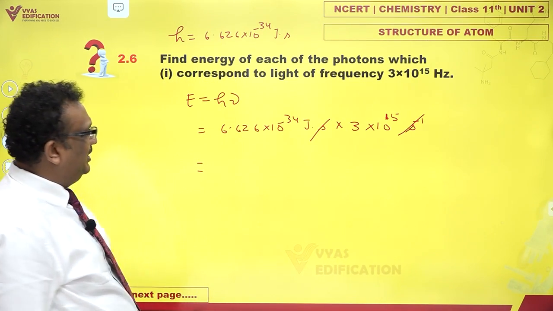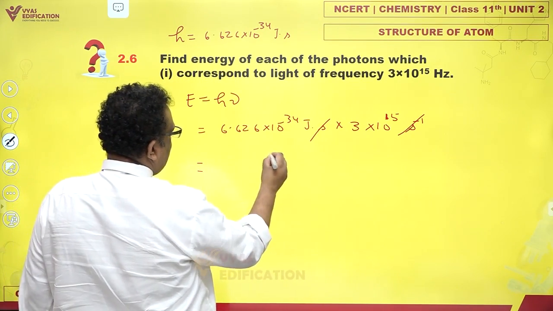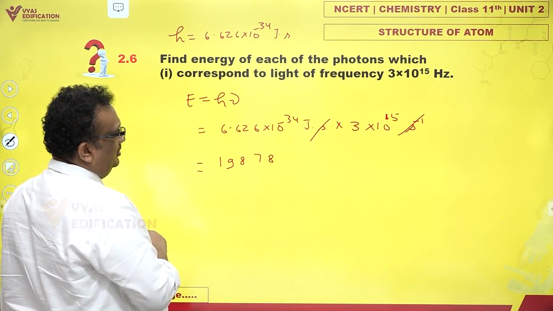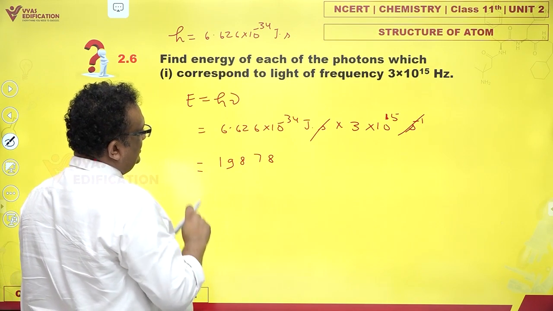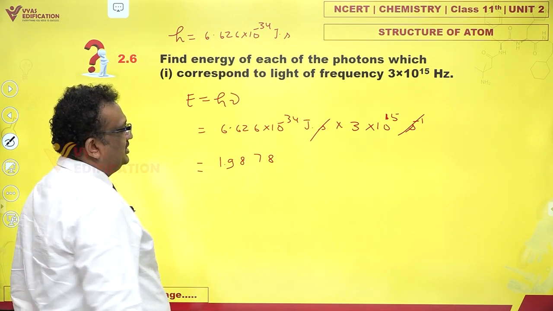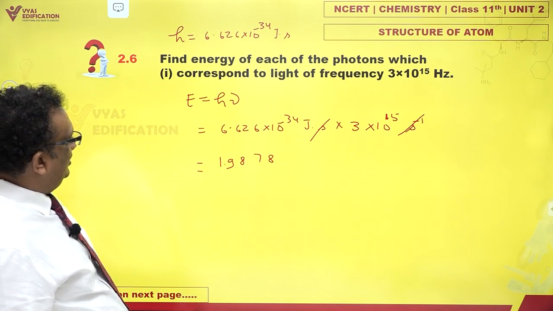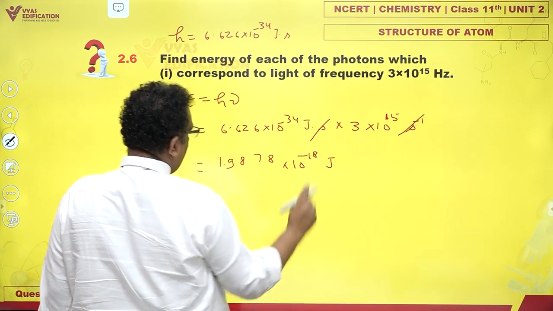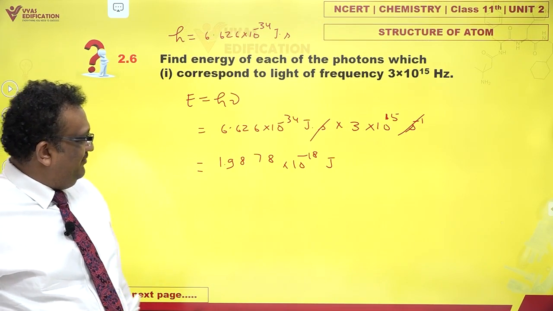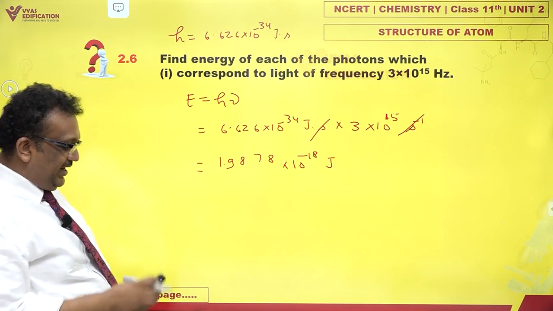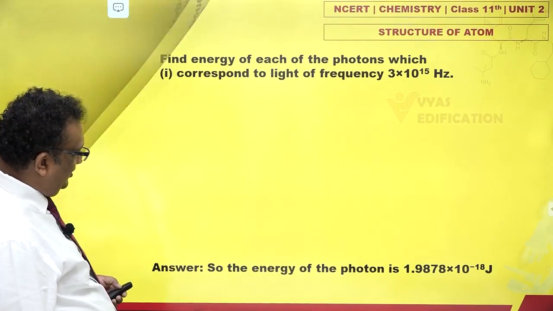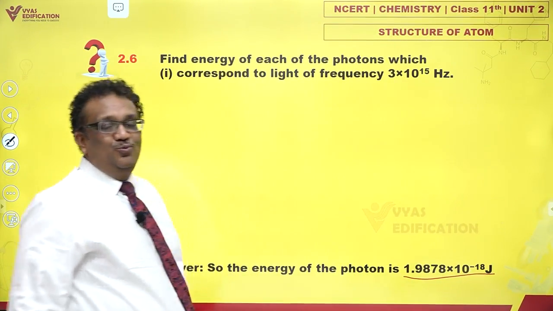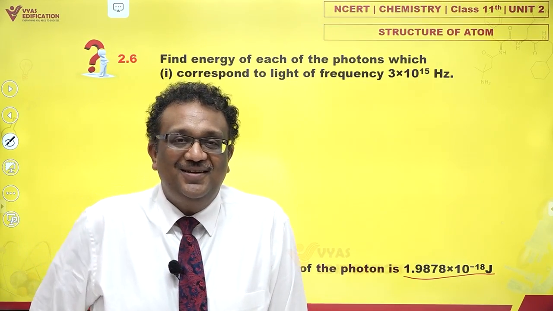I just have to multiply this by 3. That makes it 1.9878 into 10 raised to minus 18 joules. That is the lovely answer here.